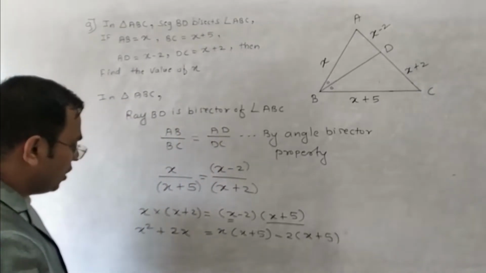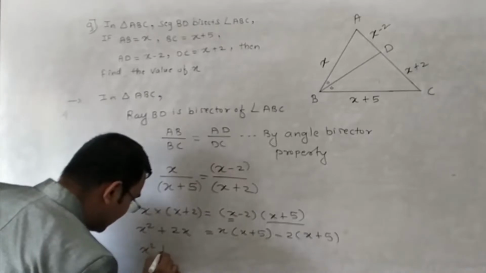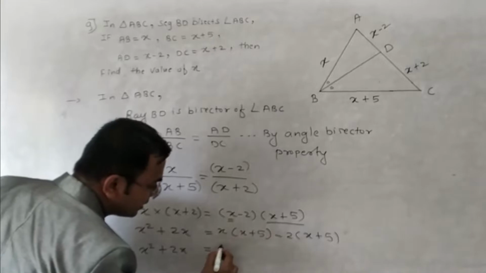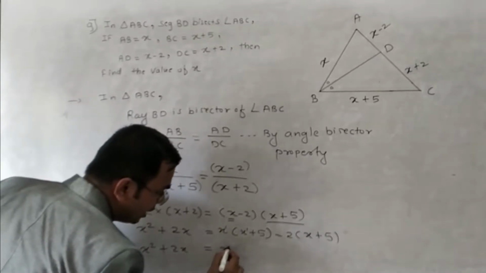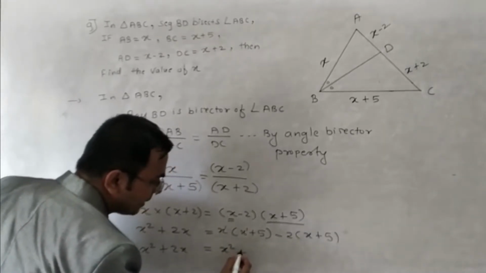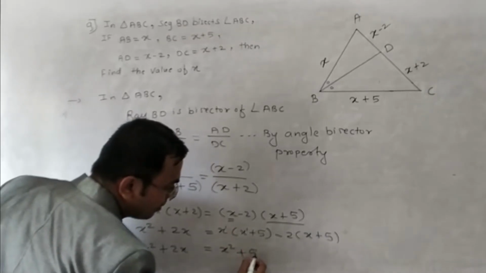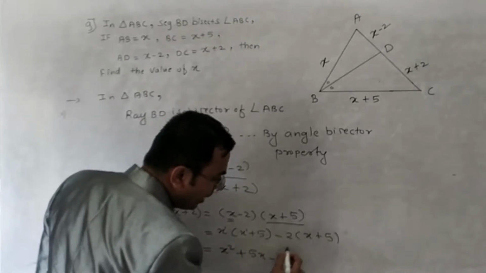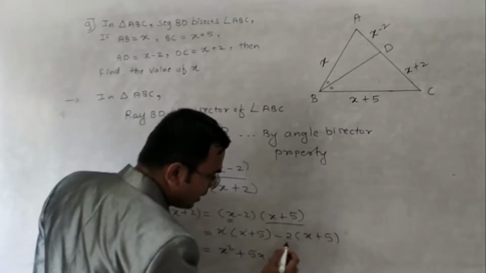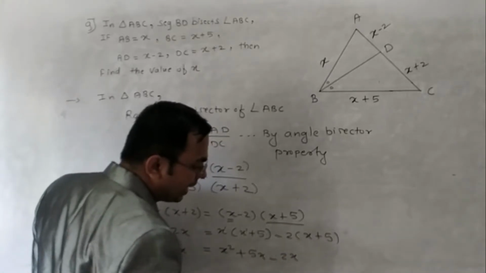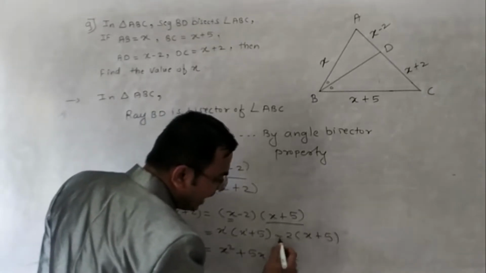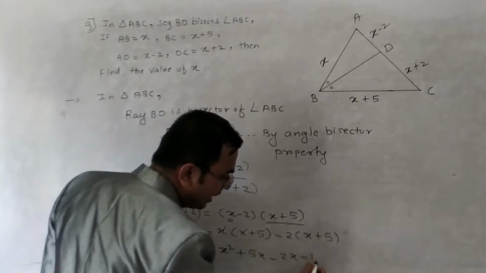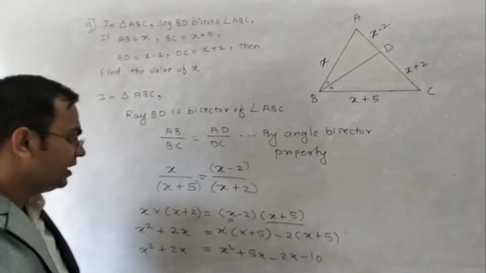So x square plus 2x is equal to x into x, powers are added, so it becomes x square, plus x into 5, 5x, minus 2 into x, 2x. If minus goes into the bracket, it changes the sign, so plus becomes minus here, so 2 fives are 10.